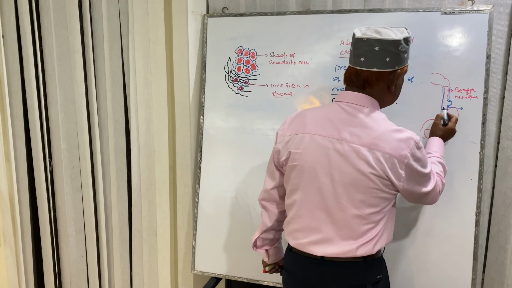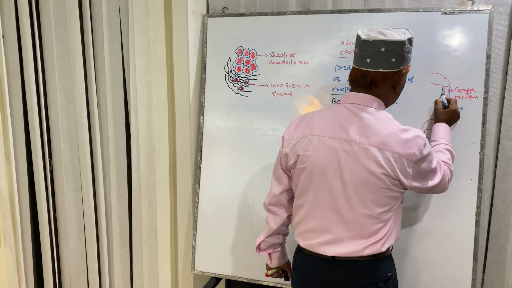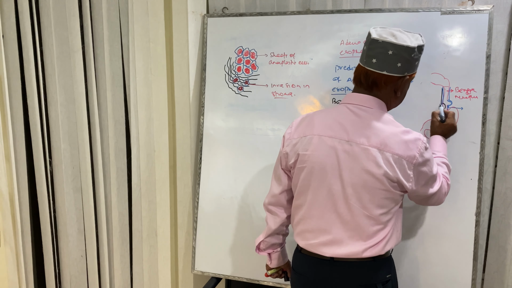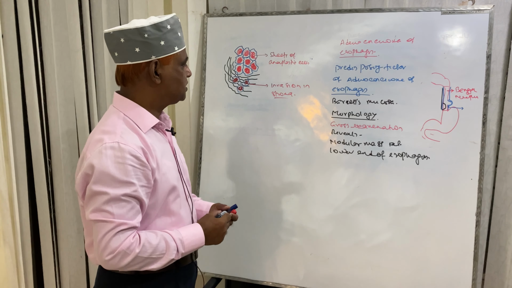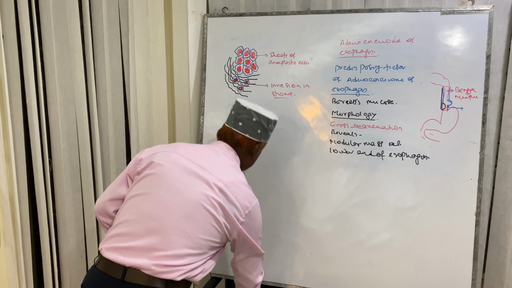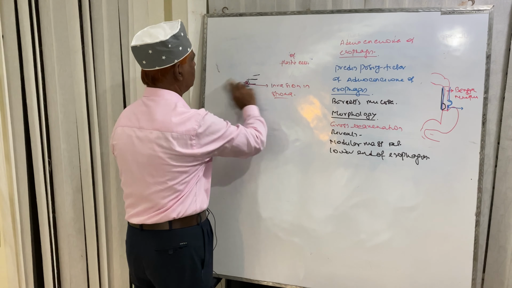Suppose this is the lower end of the esophagus, there will be a nodular mass in the lower end of the esophagus. This is the gross examination of adenocarcinoma of the esophagus.